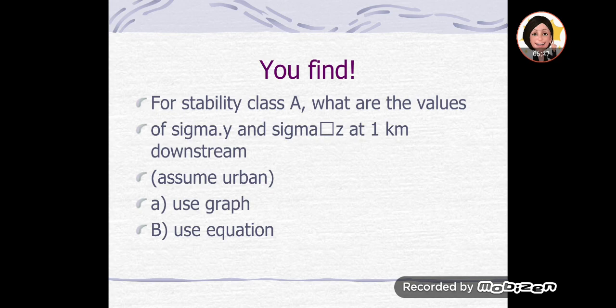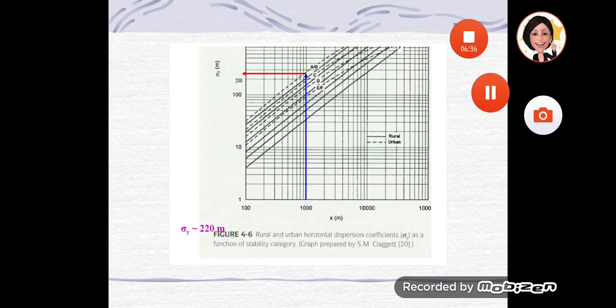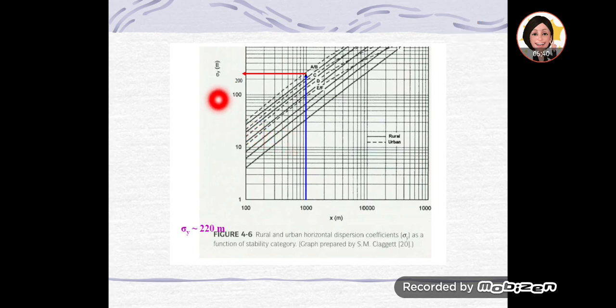So let's first use the graph and then we try using the equation. Using the sigma y graph, these are the different stability classes, and this is the x value. The question says 1 kilometer, so that is 1000 meters.